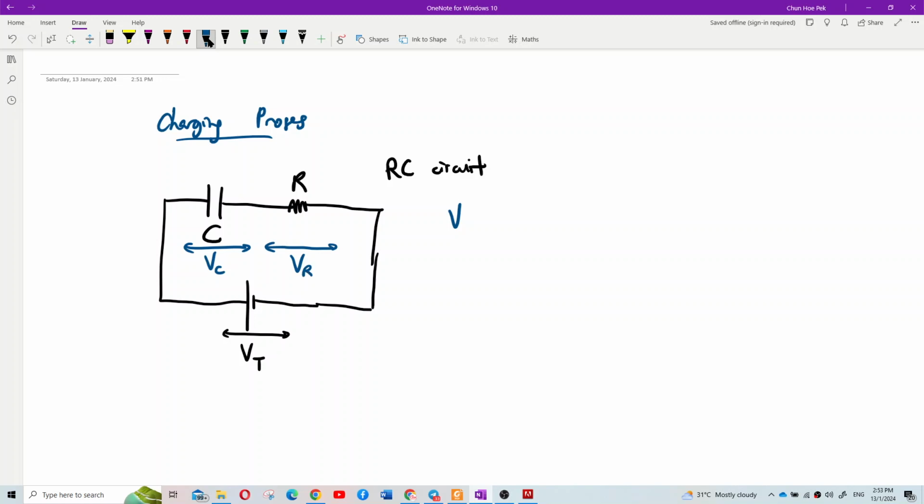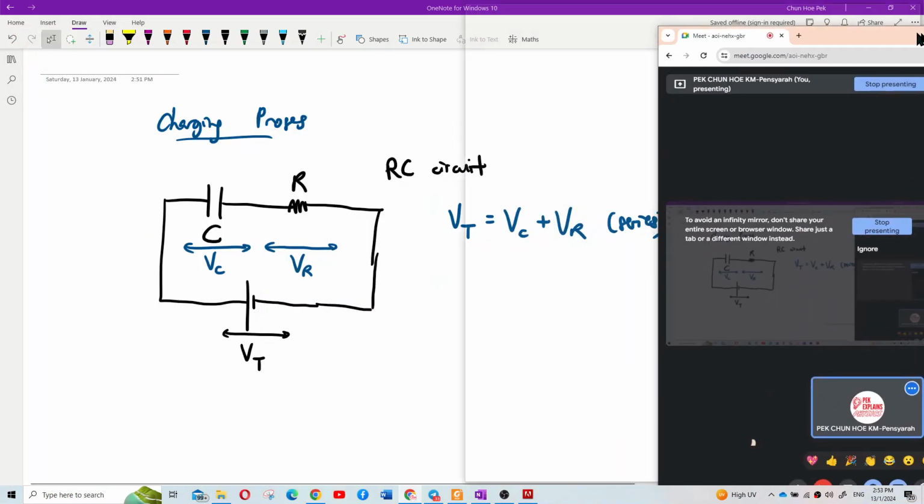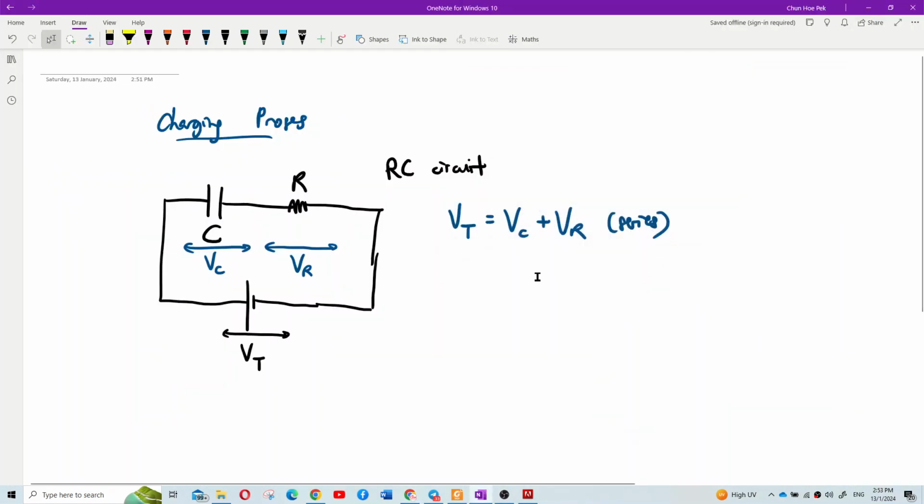Okay, so V total is actually VC plus VR. Correct, class? Because they are in series. Okay? Understand? So V total is actually capacitor voltage plus resistor voltage.